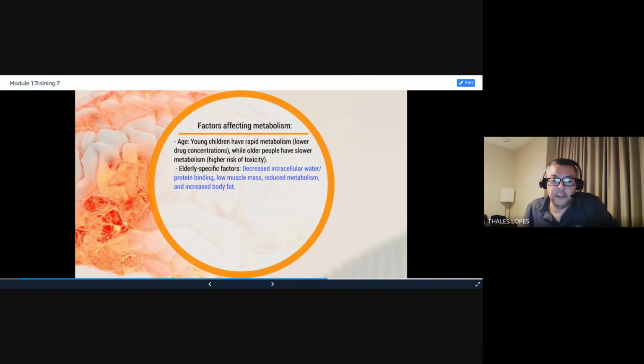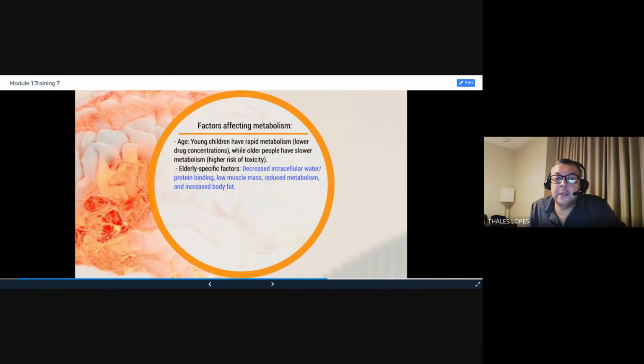Now, for the elderly, you need to know that they have a decrease in intracellular water, so they are dehydrated. They have a decrease in protein binding, meaning less of the drug is binding to the protein, so more of it is available outside the binding.